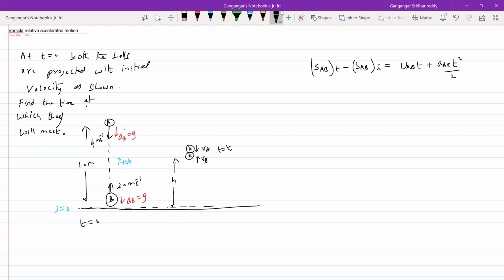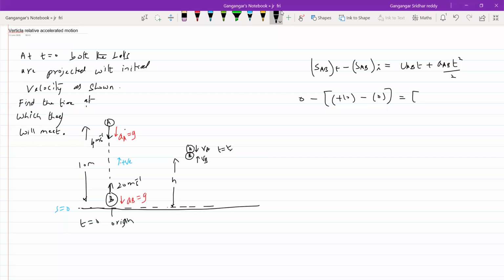Let's come to finally they'll meet. What is the separation between them? 0 minus, since A is at height 10 and B I'm taking at origin. So let me take this as origin, equal to U_A. What is the initial velocity of particle A? Minus 4, downward, let me take negative. A student can pick any convention.